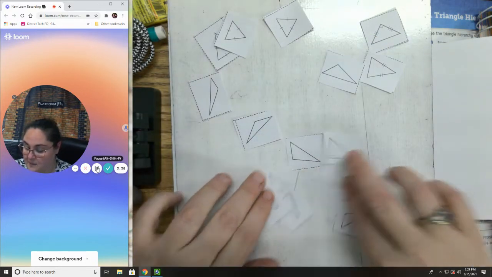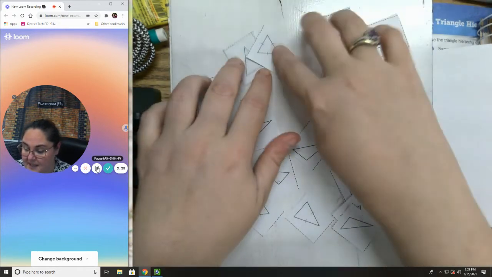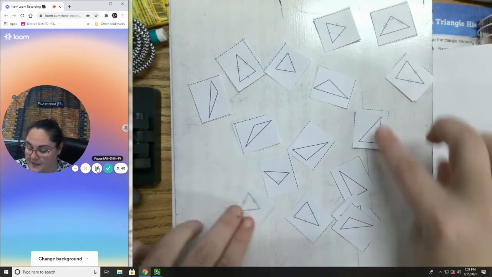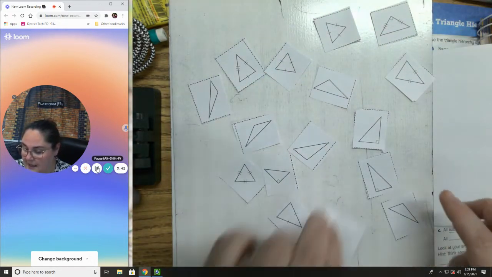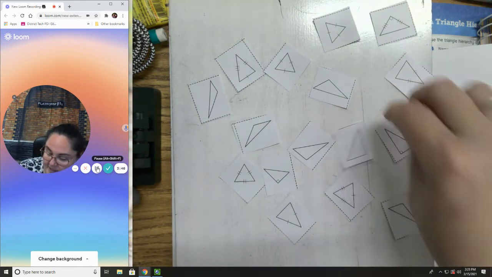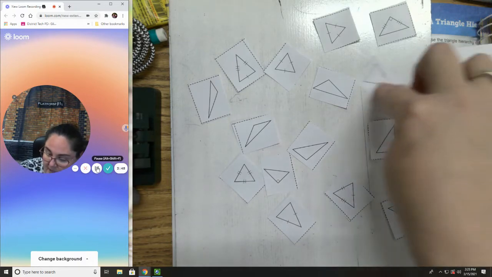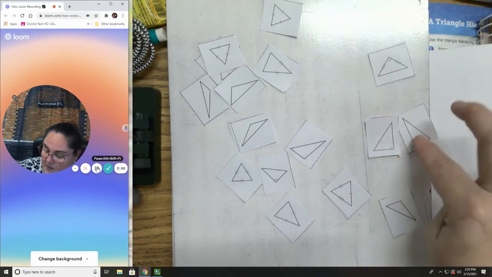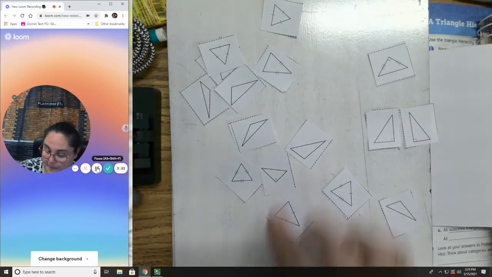All right, let's look at these triangles we've got here. We are going to separate them, classify them, and put them together in a certain way. Let's see which ones are alike. I see that this one has a right angle, and that one has a right angle, and that one has a right angle. So does this one.